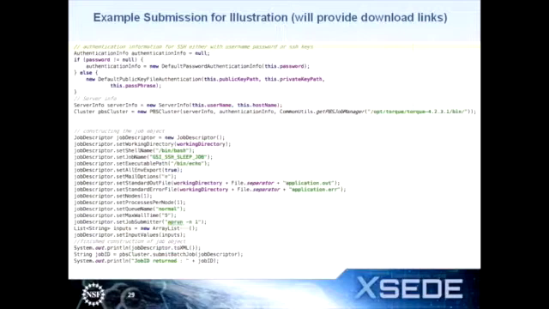Based on the implementation, if it's Slurm, it gives the output in a different way, so we have multiple output parsers for each job manager. We return the job ID with a successful job submission.